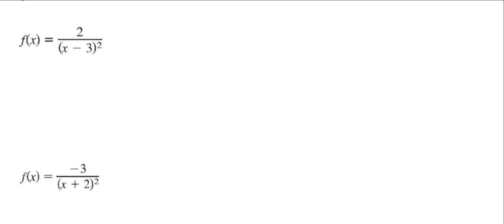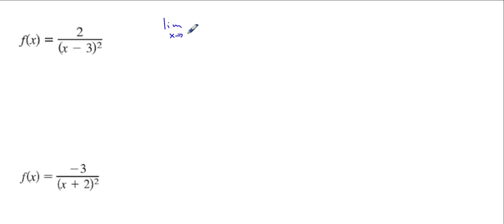Asymptote, because you can't cancel both factors of x minus 3, correct? Is that asymptote a removable or non-removable discontinuity? Non-removable, yep. Well, let's see what's happening as we approach 3 from the left and right.